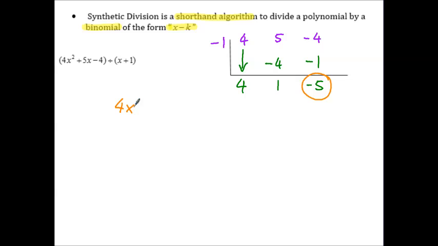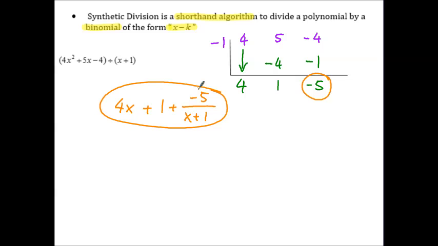The 5x got divided by an x, so there's no more x left. That means we have 1. And our remainder, negative 5, we put, just like we did before, over our divisor. 4x plus 1 plus negative 5 divided by x plus 1 is the result of our operation.